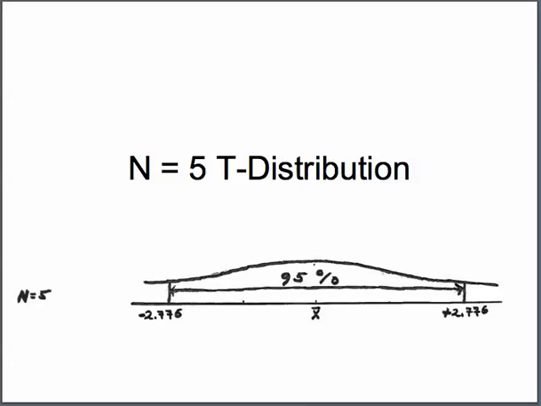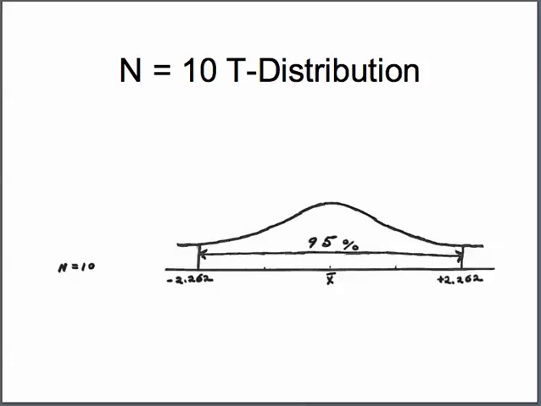But notice that if the sample size, or n, is equal to 5, then 95% of all observations are within 2.776 standard deviation units from the mean value. So in all likelihood, there are more extreme values than in the normally distributed variable, where 95% of all observations are within 2 standard deviation units of the mean value.